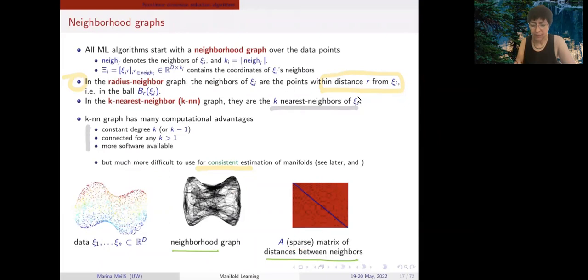All that the manifold learning algorithms need to know from here on is the graph and the distances between neighbors. This is the only information that is passed on to whatever algorithm we are using. And that is very important to remember, that this distance information is enough to recover the intrinsic geometry.